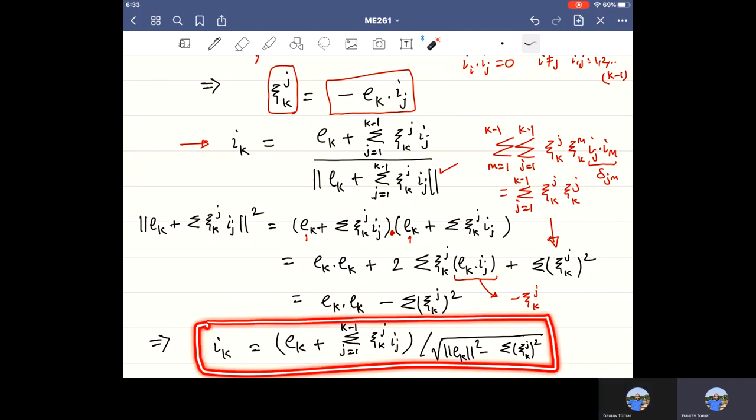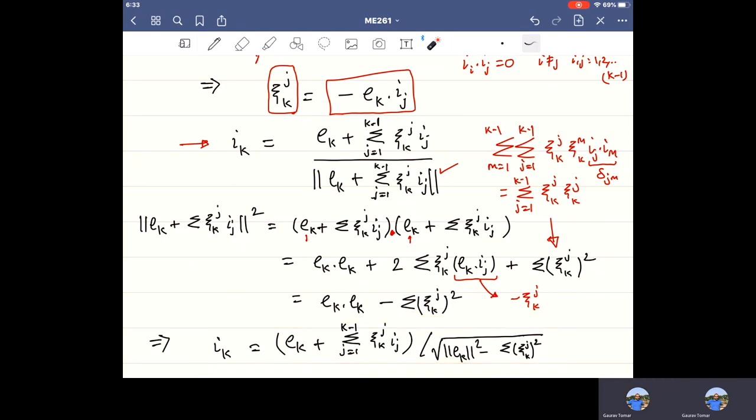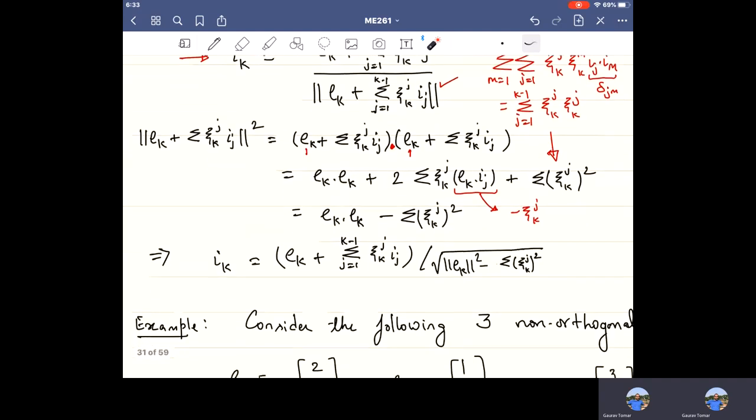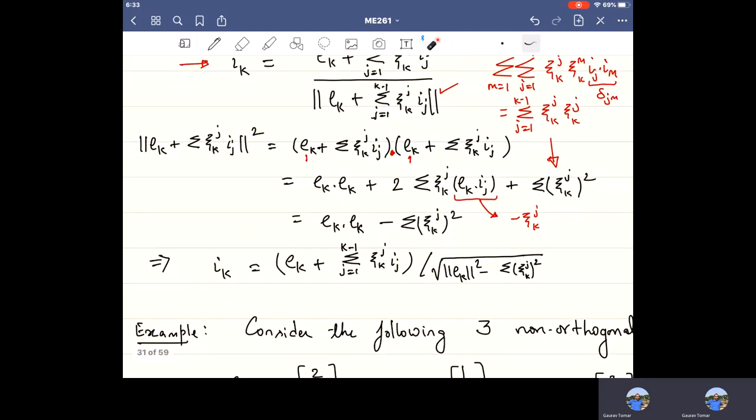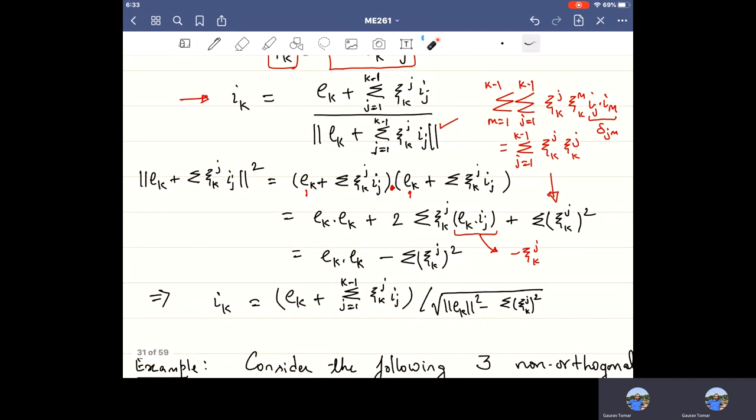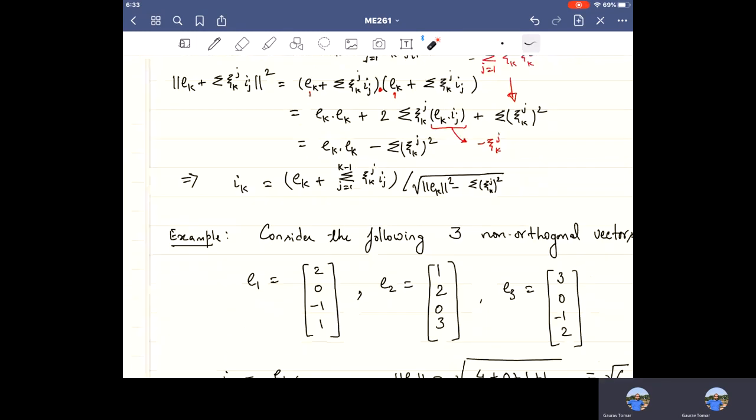Okay. All right. So we have now found a way to generate all the vectors from 1 to n like this. Right, now we'll take an example. Let's say we'll take a four-dimensional space.